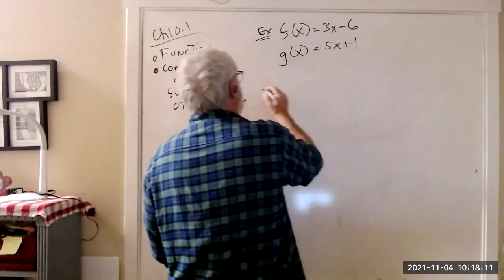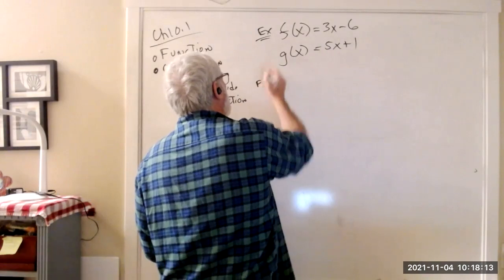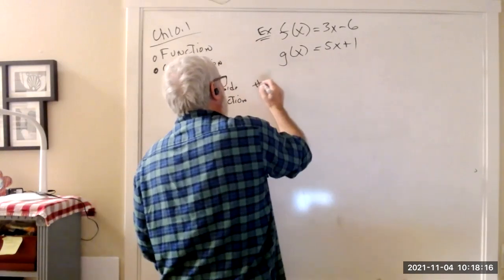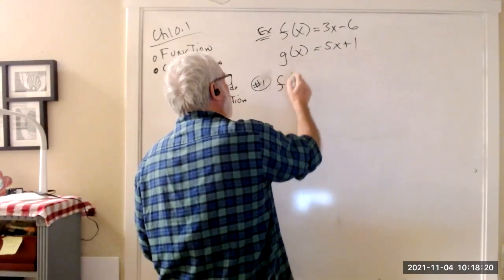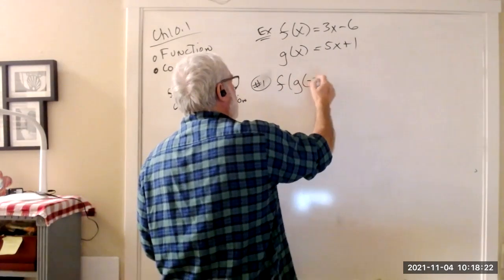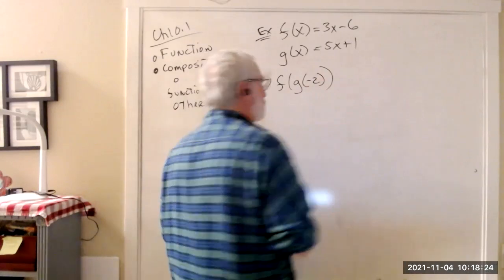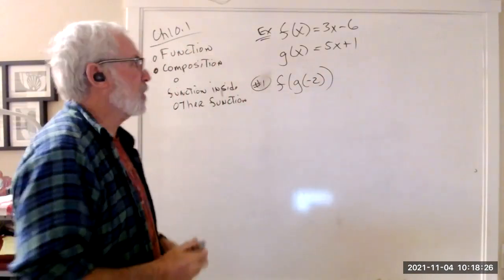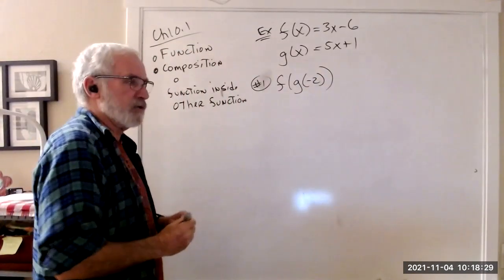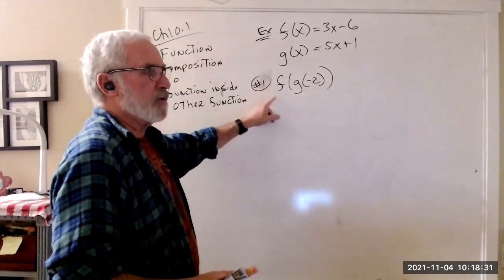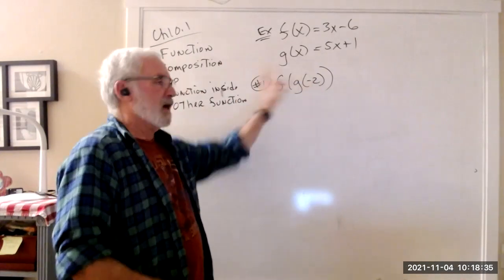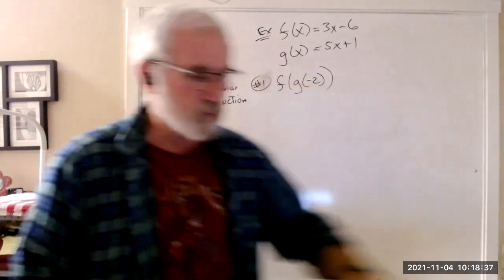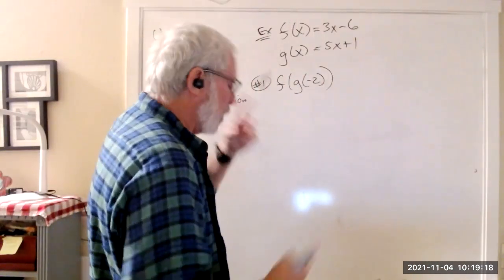So the first thing we can do is real simple arithmetic. What is f of g of negative 2? So take a second and work on f of g of negative 2. Remember, we say it from the outside in, but we actually do it from the inside out. I think I get 21.